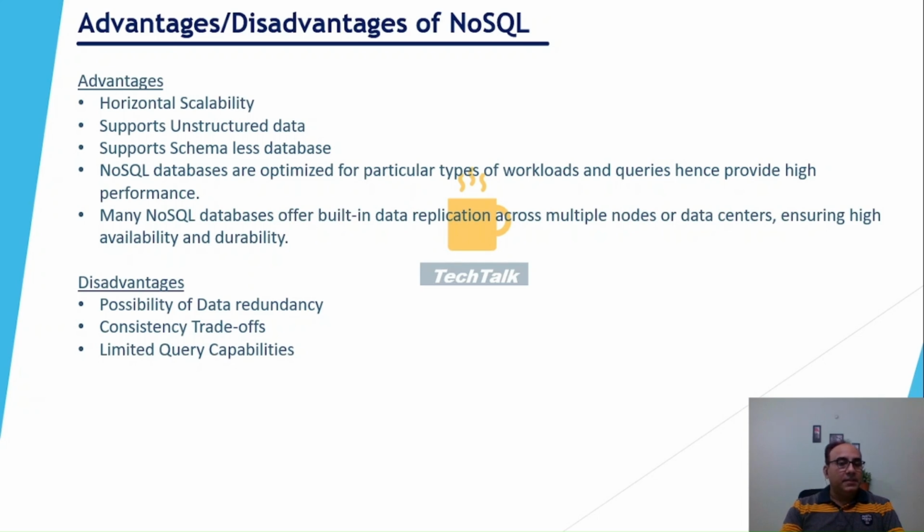Limited query capabilities. Unlike SQL, it is not suitable for writing complex queries. Only simple queries can be written using NoSQL databases. Lack of data integrity. As I said, imposing different sorts of integrity constraints like primary key, foreign key, and not null constraints is not that easy. So these are some disadvantages of NoSQL.